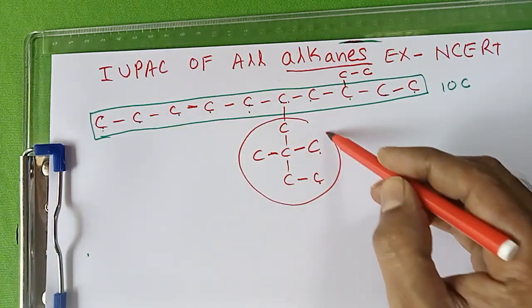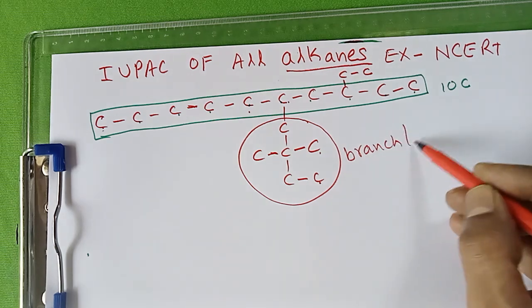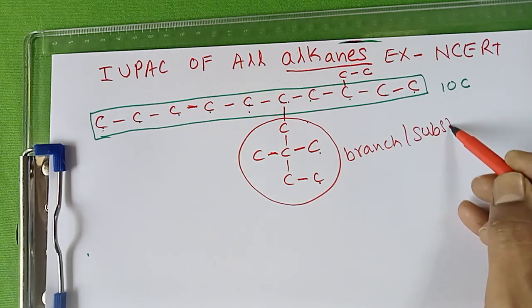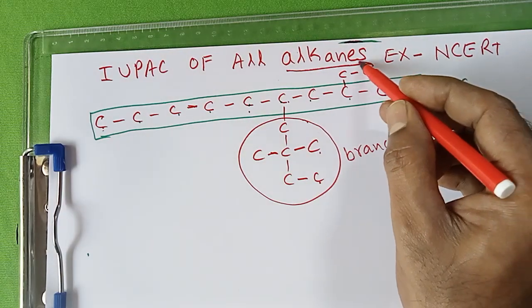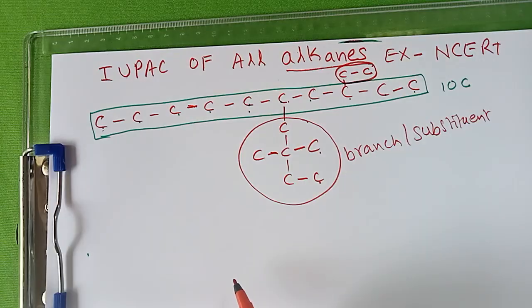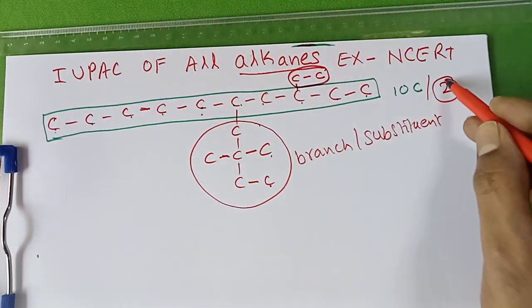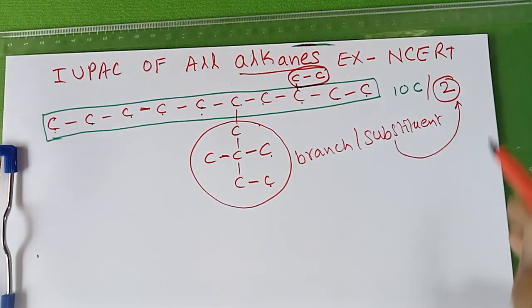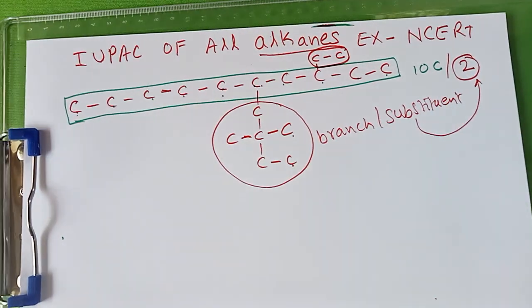This is one branch. Branch, another name, substituent. And this is also one branch. Total 2 branches or 2 substituents, and 10 carbons parent chain.